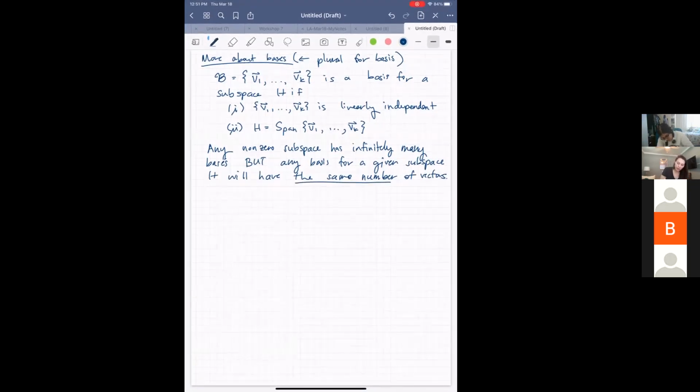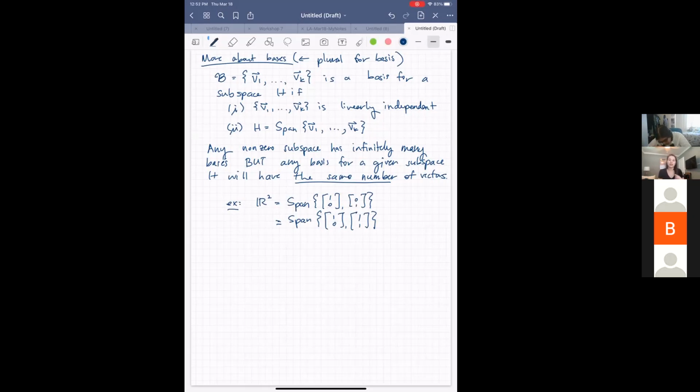So we talked about the example of R2, which is spanned by the two vectors 1, 0 and 0, 1. And we also said that it is spanned by 1, 0 and 1, 1. Both of these are examples of bases because they both are sets of linearly independent vectors, right? So here the subspace is R2.